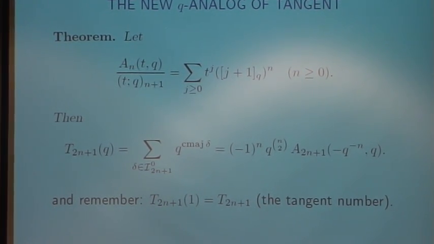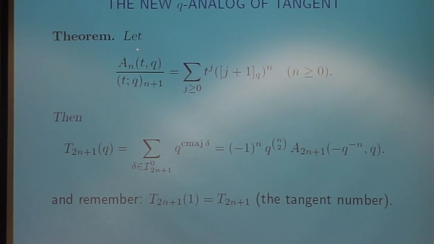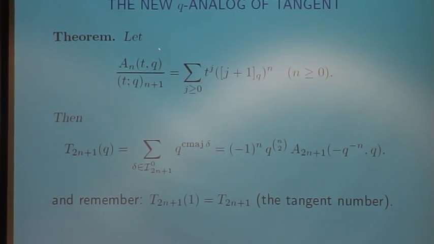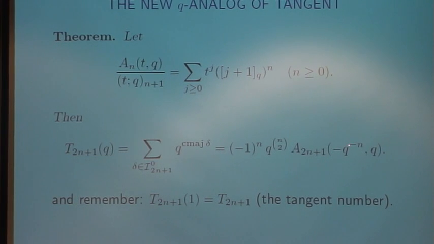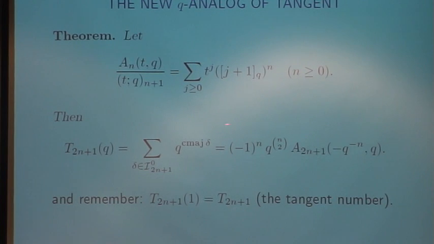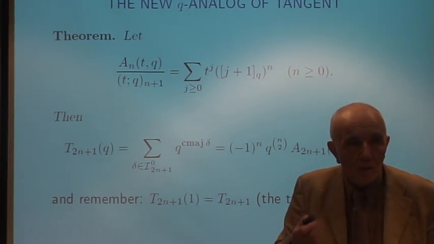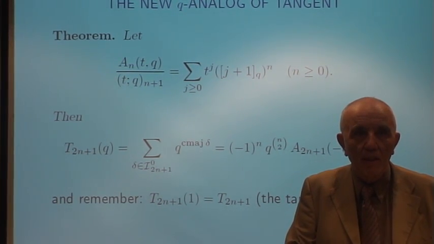Okay, so let me repeat. This is the definition of those polynomials in two variables defined by Carlitz. We know that each of those polynomials has positive integral coefficients. And now when we replace t by minus q to the minus n and multiply by this, we still get polynomials with positive integral coefficients.